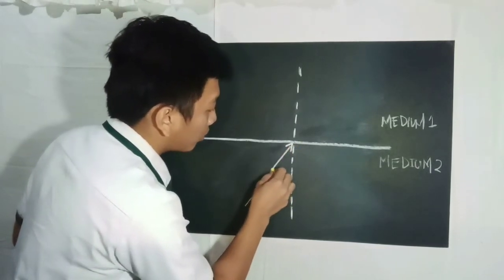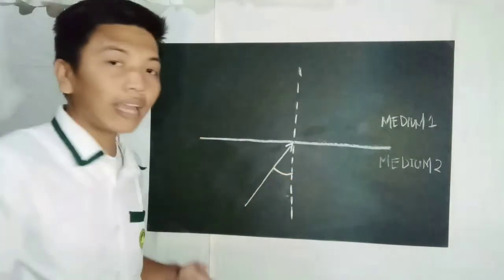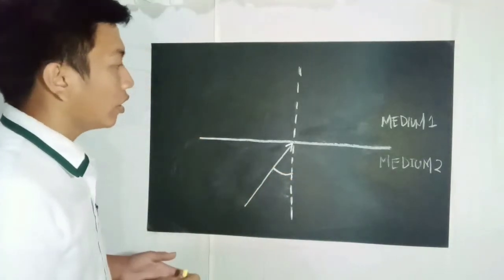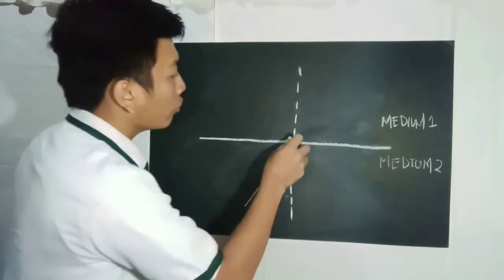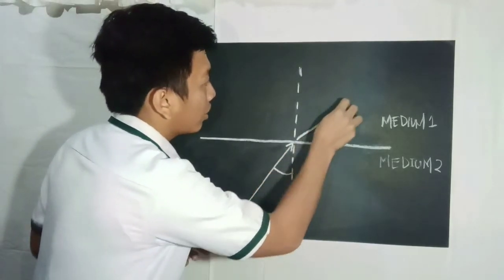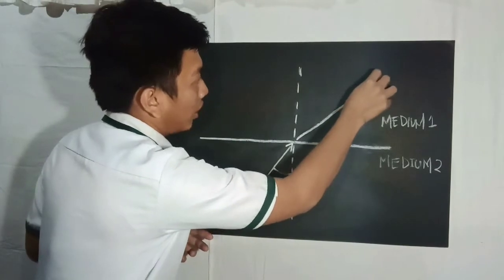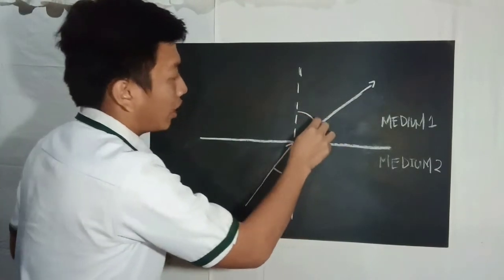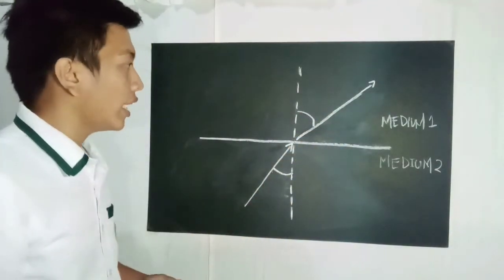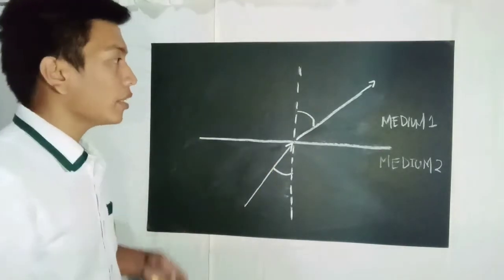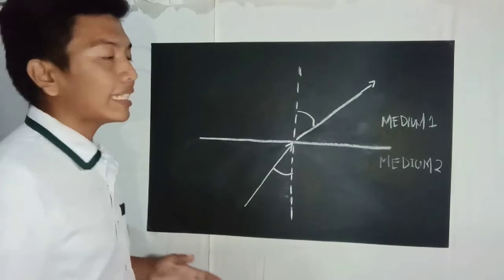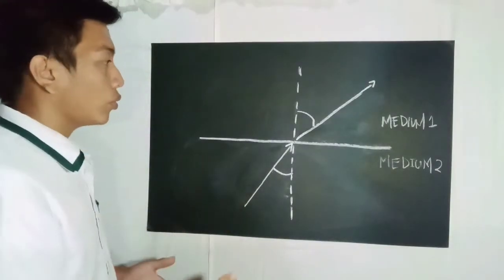This angle is what we call the angle of incidence. And when the ray of light travels from medium 2 to medium 1, it will refract into an angle. And this angle is what we call the angle of refraction. And the angle of refraction is greater than the angle of incidence because we all know that medium 1 is less dense than medium 2.